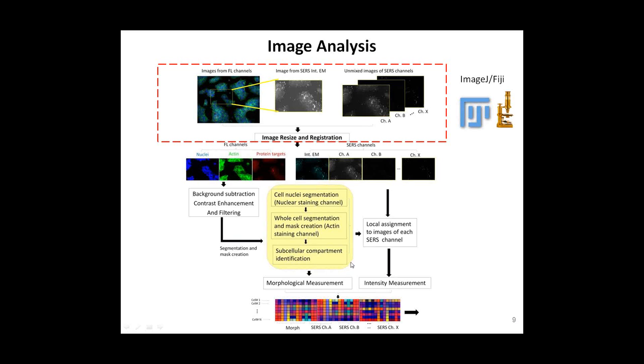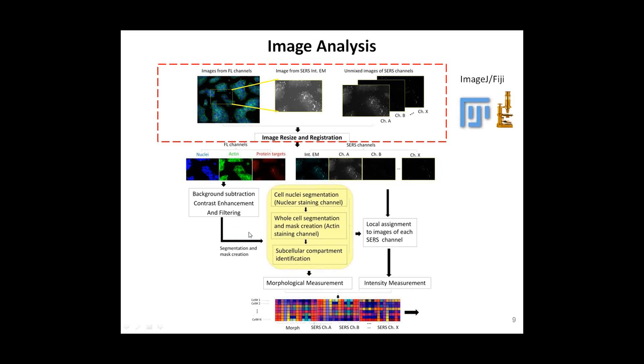After that, we superimpose our nuclei, whole cell, and subcellular compartment masks onto the SERS channels and make the morphology and intensity measurements to create metrics from each individual cell.